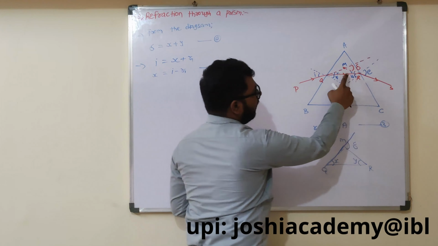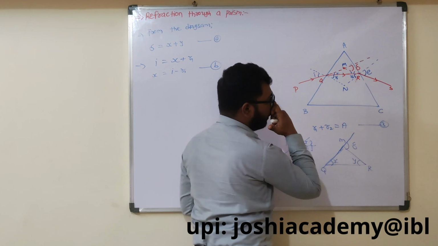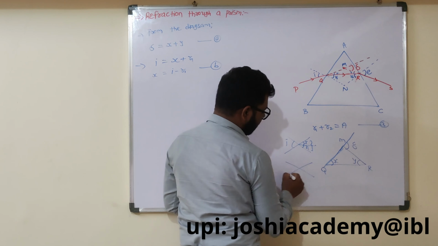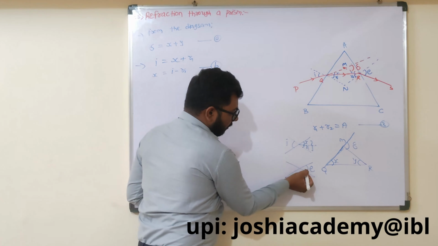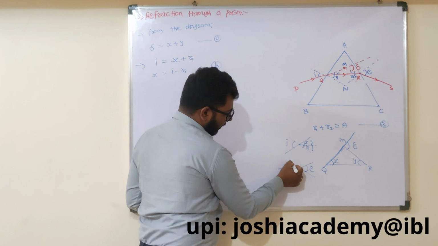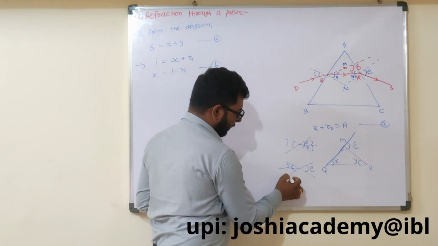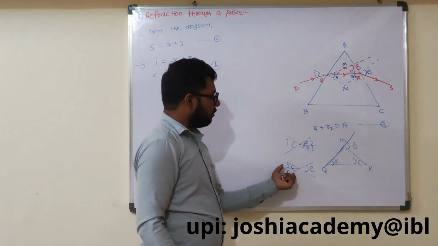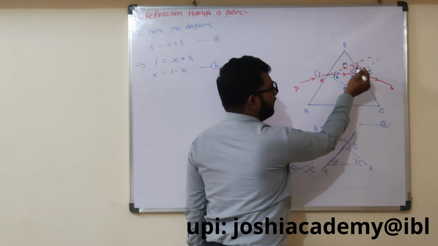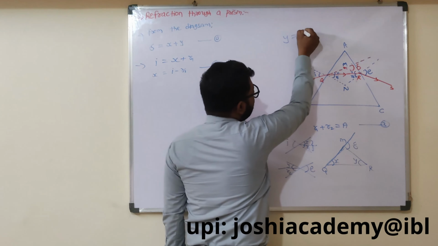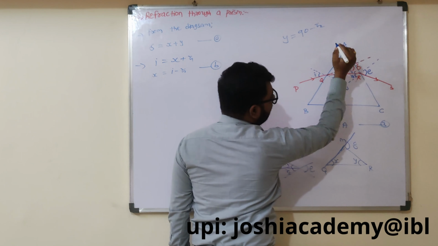Similarly, we are getting another cross over here. Clear? This red line and this normal of this side AC, like this. So this is the angle of emergence. It has been divided into two angles: the one that we have assumed as y, and another one that is r2. Now you can also do one mathematical trick over here. Okay, it is not a trick, it is thorough mathematics. You can consider this y as 90 minus r2, because this is nothing but the right angle.